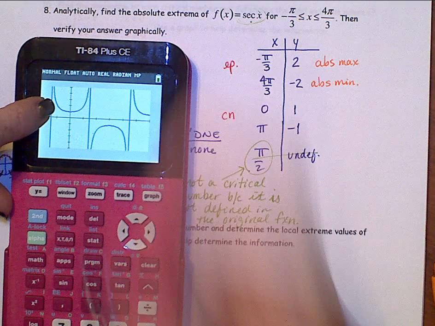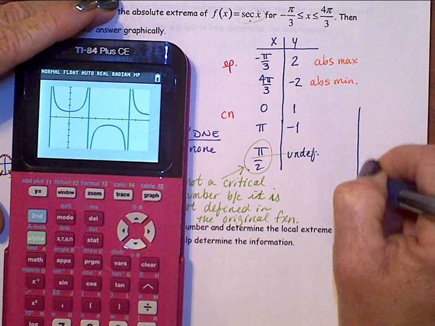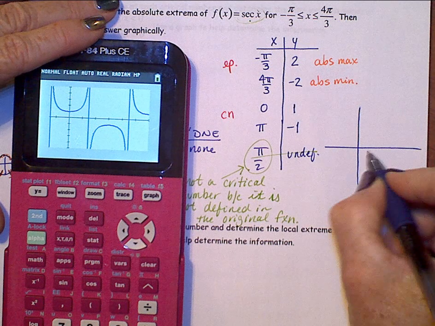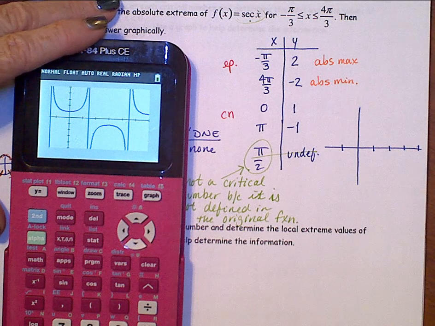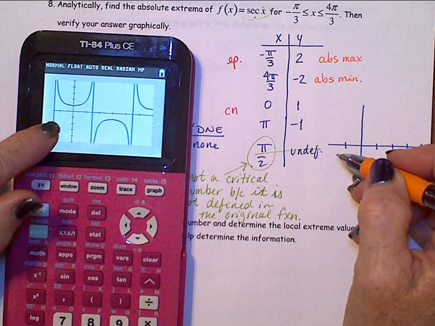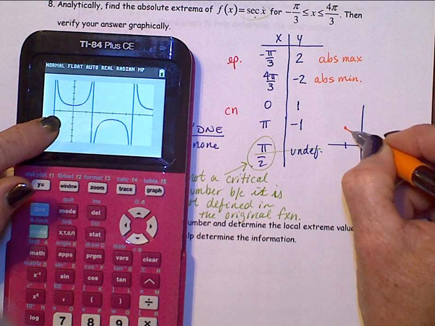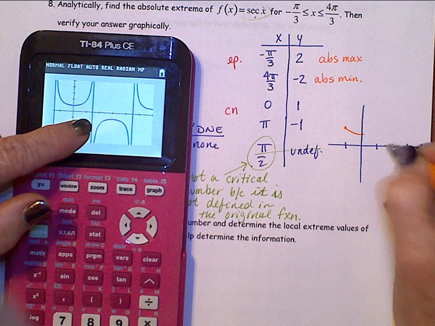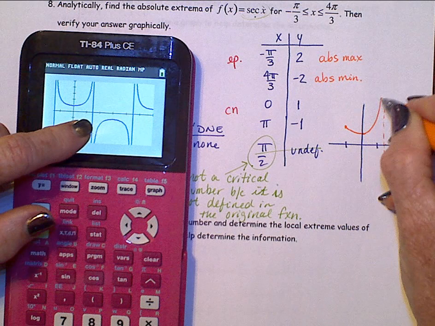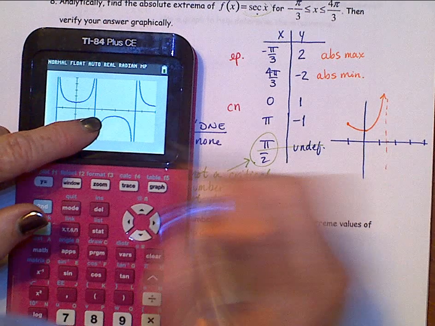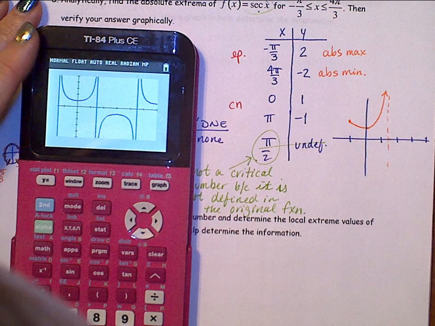So when we're looking at this graph, when we copy this onto paper, we're going to have an asymptote. Let's see, negative pi over 3 is going to hit here, comes down there. We have first asymptote right here. And this comes back up that way. And then we have another asymptote, 1, 2, 3, 4, a little bit past the fourth. So it's out here.